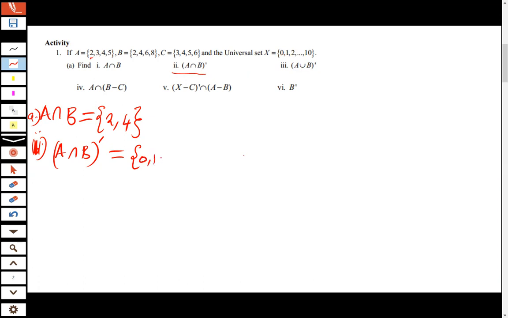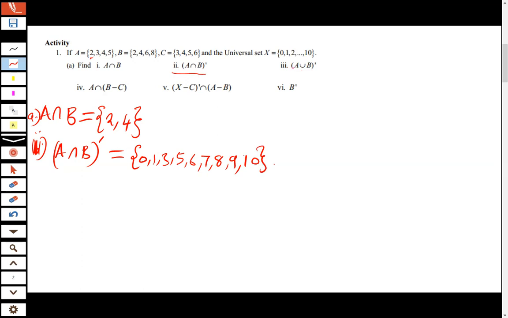We have 0, 1, 2. Oh, sorry, 2 is part of the intersection, so we're not supposed to add 2. So we just say 0, 1, 3, and then 4 is in the intersection, but we're looking for the complement, meaning we'll not write 4 as well. So 3, we move on to 5, and then we have 6, 7, 8, 9, and 10.